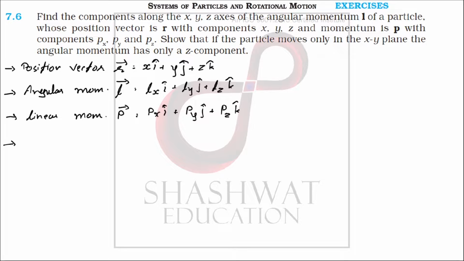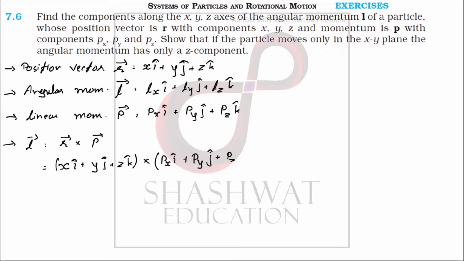First, we need to find the angular momentum vector L. We know that vector L is equal to vector r cross vector P. So we need to write x i cap plus y j cap plus z k cap cross px i cap plus py j cap plus pz k cap.